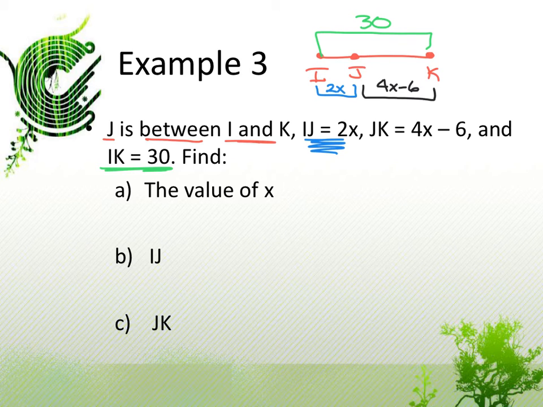So I'm going to write my segment addition postulate, because if you remember, you can take IJ, add that piece to JK, and that will give you the entire piece, which is IK.